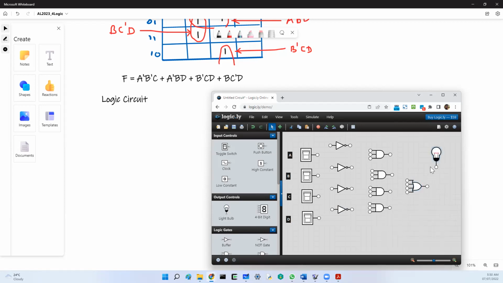Right. So let's connect the wires. So we have this.